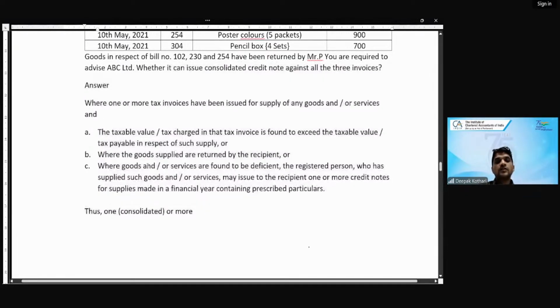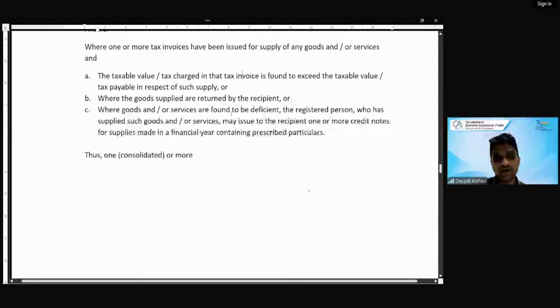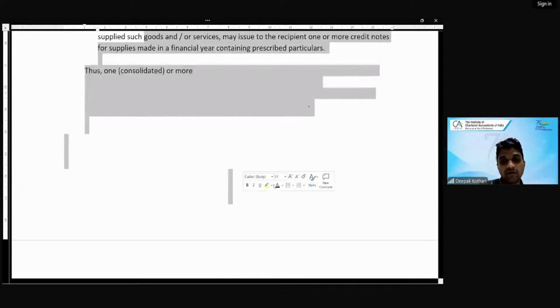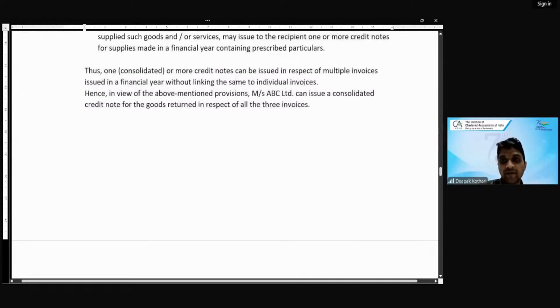Right. So when one or more tax invoices have been issued and the taxable value in that invoice is found to exceed, or for other reasons for a credit note, then one consolidated credit note can be issued in respect of multiple invoices issued in the financial year without linking it to individual invoices.